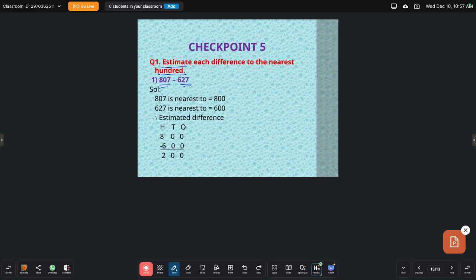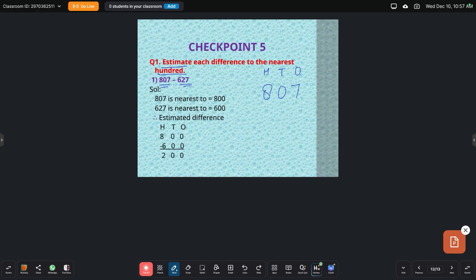So here the minuend is 807. Now we need to round this number to the nearest 100. 7 is at ones place, 0 is at tens place, and 8 is at hundreds place. Now to the nearest 100, which digit do we have to check?